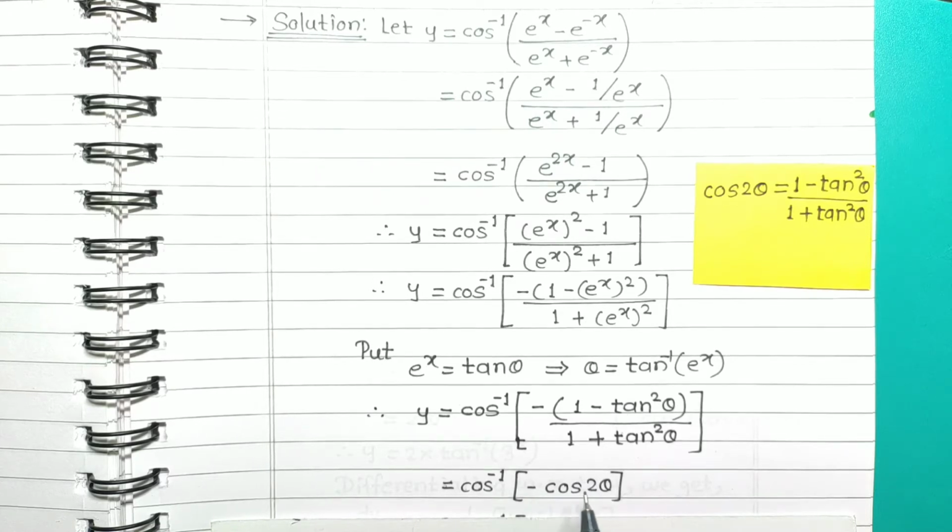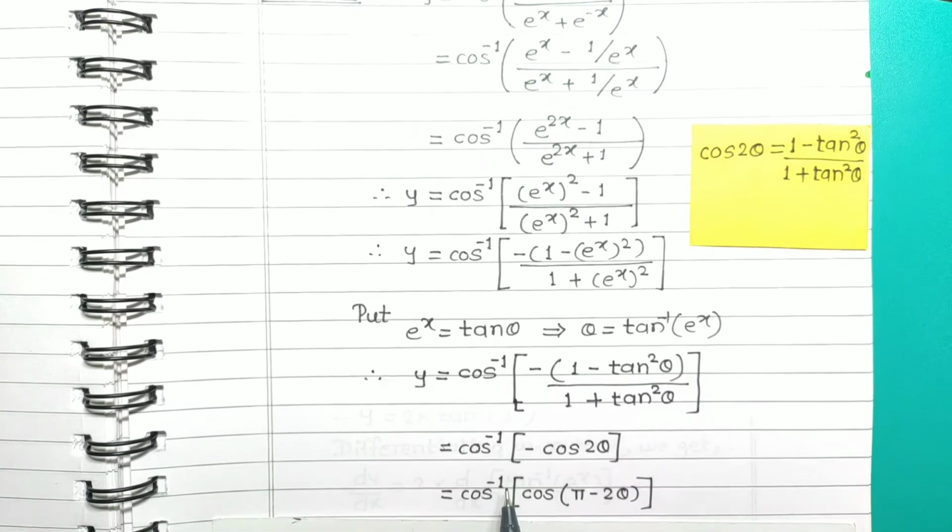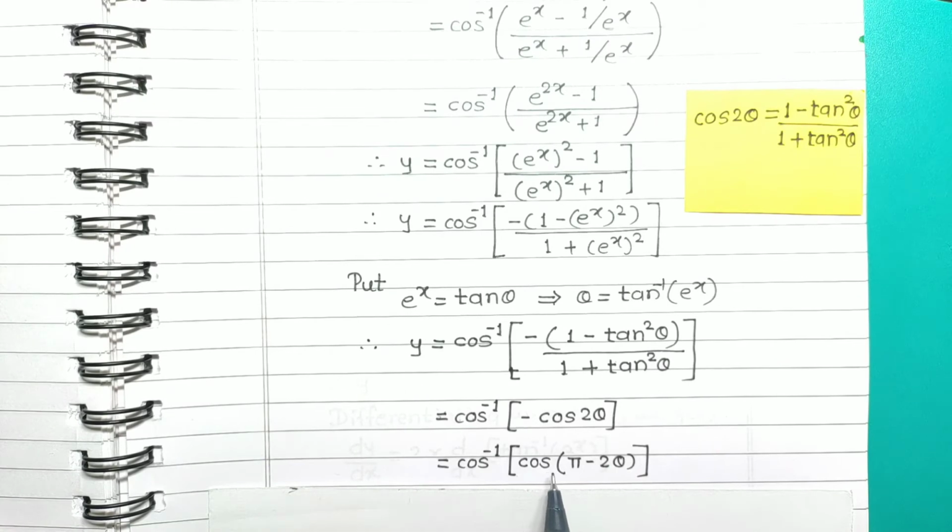So for this minus sign, let's write this cos 2 theta as cos of pi minus 2 theta. So here we have y is equal to cos inverse of cos of pi minus 2 theta. You know these conversions, allied angle conversions are here.